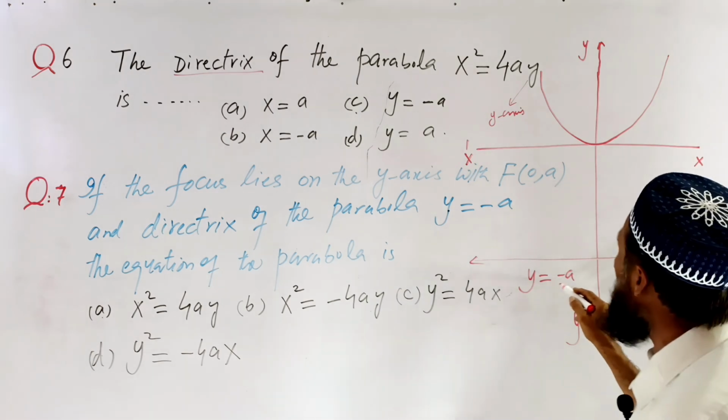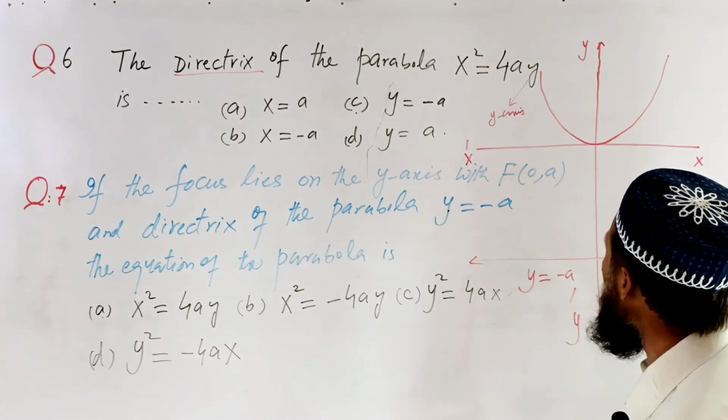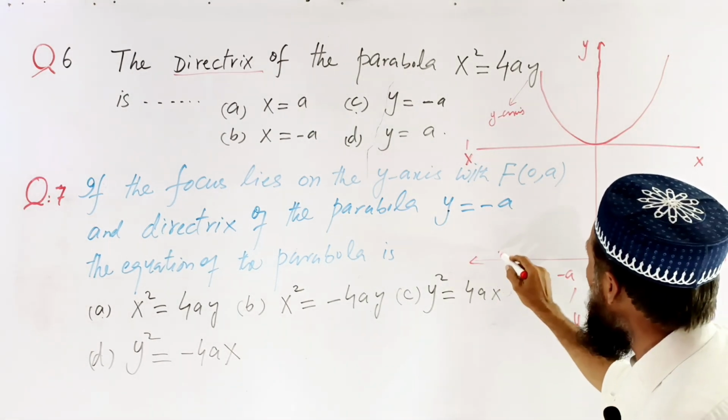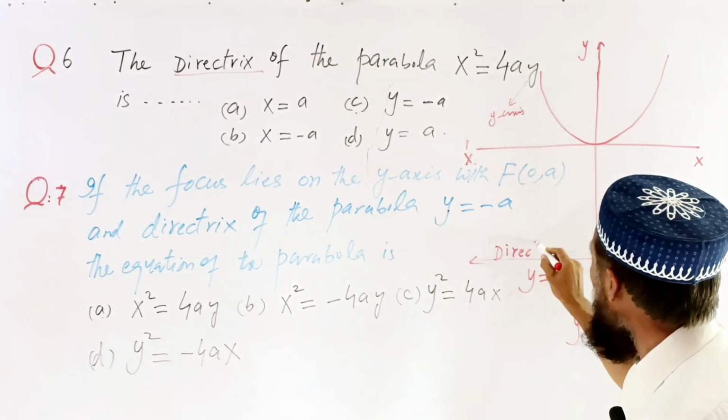So y is equal to minus a is the directrix line.